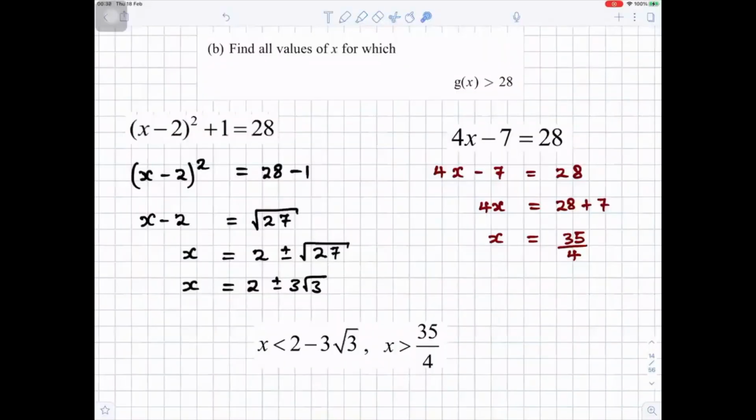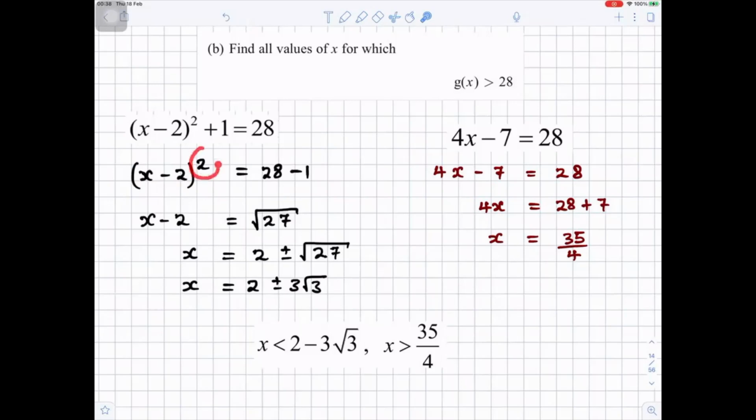Find all the values of x for which g of x is bigger than 28. So let's start to solve (x minus 2) all squared plus 1 equals 28, and we'll also solve 4x minus 7 equals 28. So we'll take plus 1 to the right. It becomes minus 1, so 28 minus 1. We are left with (x minus 2) squared.